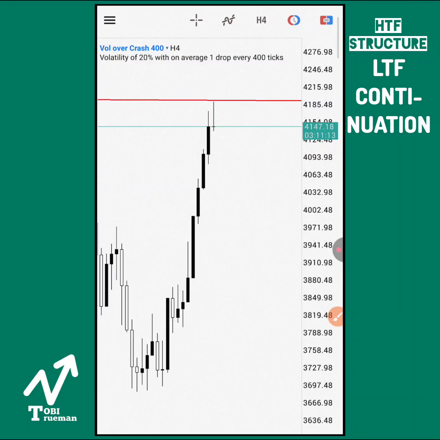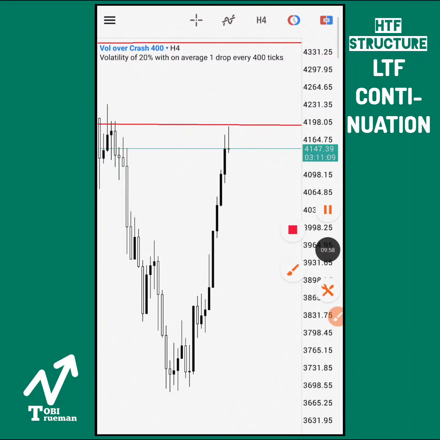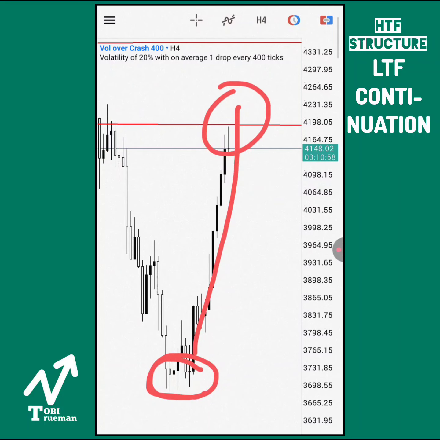Now there's something that I did in my mentorship channel that I want to talk about over here. Before price makes a reversal to get to this 0.6 or 0.7 Fibonacci level of the daily, there's a way you can counter trend.